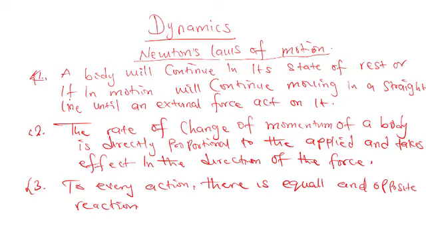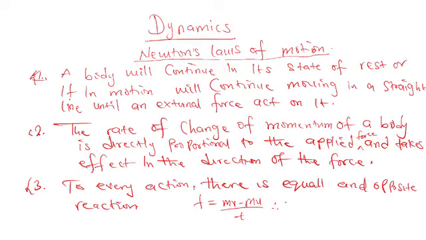Now, the rate of change of momentum of a body is directly proportional to the applied force and takes effect in the direction of the force. For this second law of motion, momentum is mass times velocity. So we have F is equal to mv minus mu, where mv is the final momentum and mu is the initial momentum, all over time.